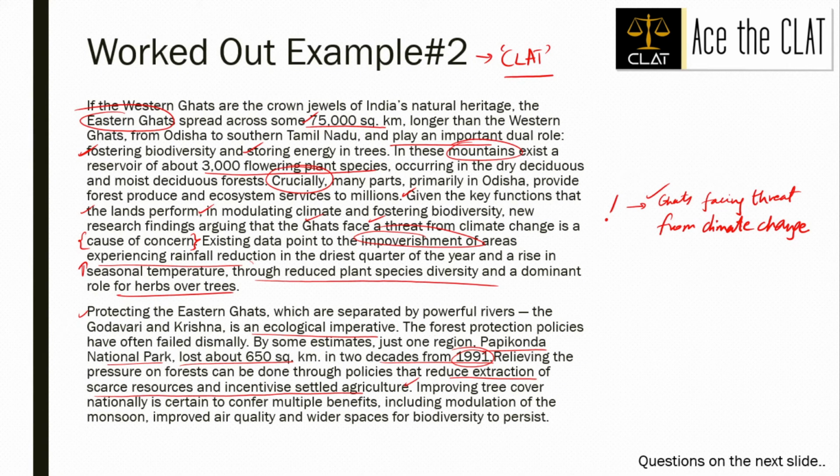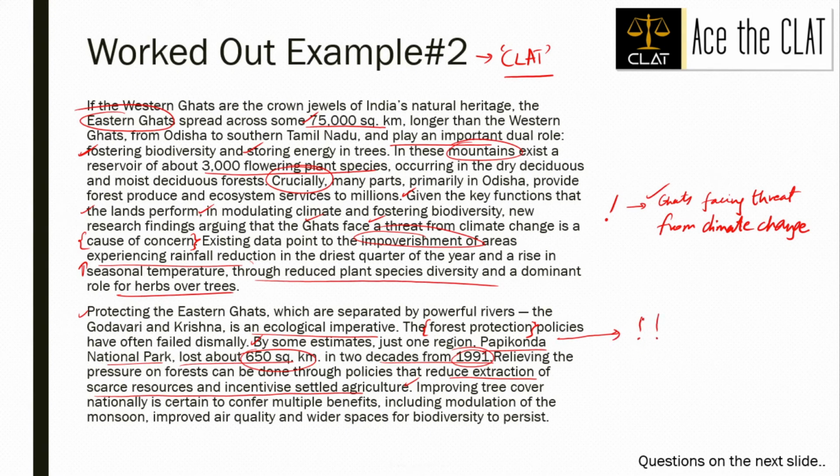So, the author in the second paragraph is saying that forest protection policies in India have failed dismally, and by some estimates there is a huge problem in one region, right? In this Papikonda National Park. So, okay, here is the problem.